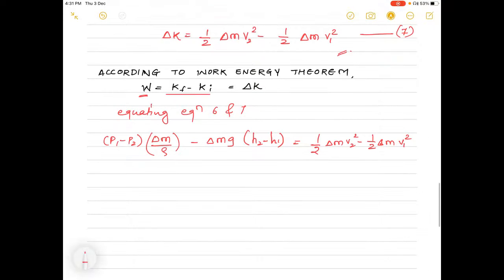By rearranging these terms, we can write (P1 minus P2) upon rho minus g (H2 minus H1) is equal to half V2 square minus half V1 square. What we have done here is taken delta M common, and this delta M gets cancelled from all the terms.